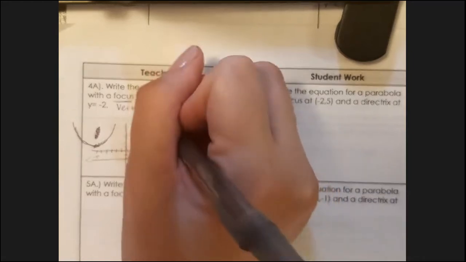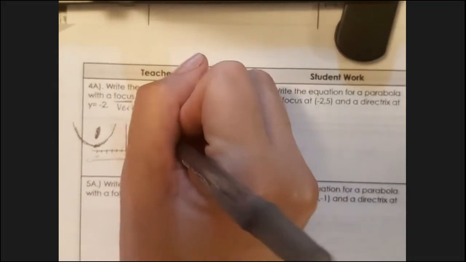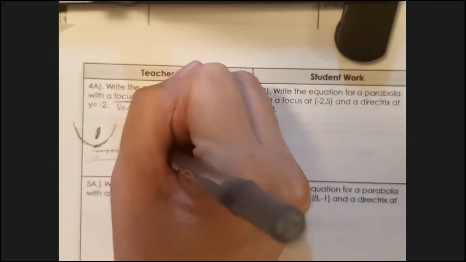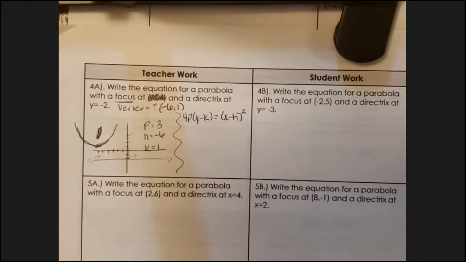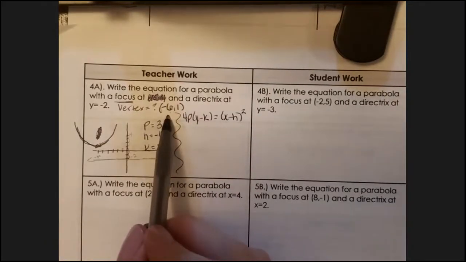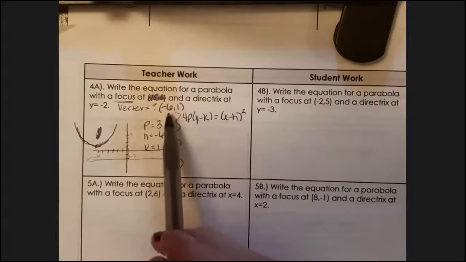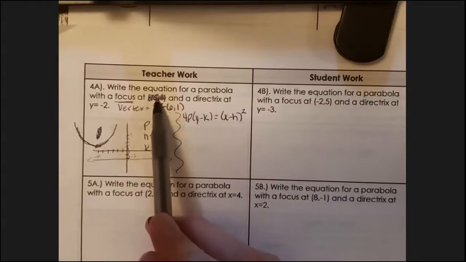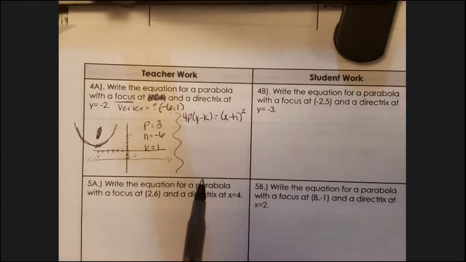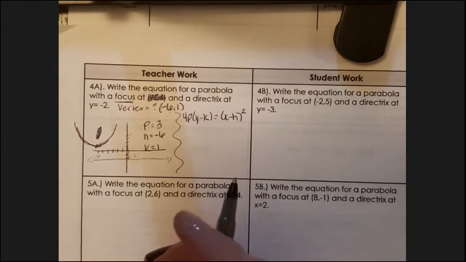So P equals +3, H equals -6, K equals 1. And this is why I crossed this out, because as I was looking at that, I had a little tiny panic attack that I was writing down the wrong coordinate. So once you are done with something like that, get rid of it, cover it up, cross it out, something, so that you don't use it by accident.